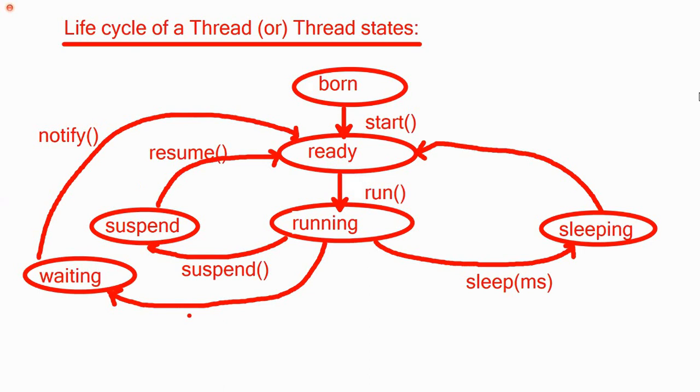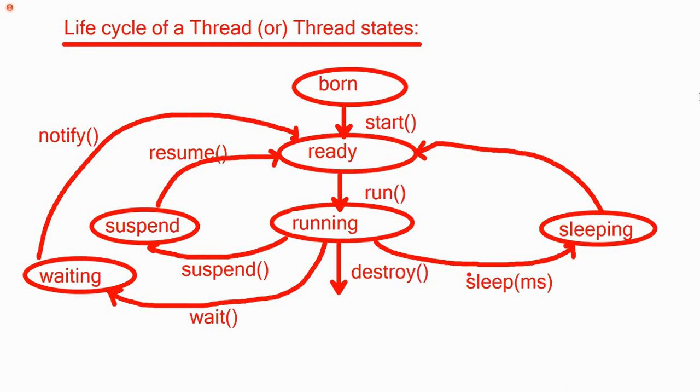Your doubt is: suspend, resume, wait and notify, what's the difference? You'll understand later. One is without synchronization and the other is with synchronization. Suspend and resume are without synchronization; wait and notify are with synchronization. If we call the destroy method, the thread will die.